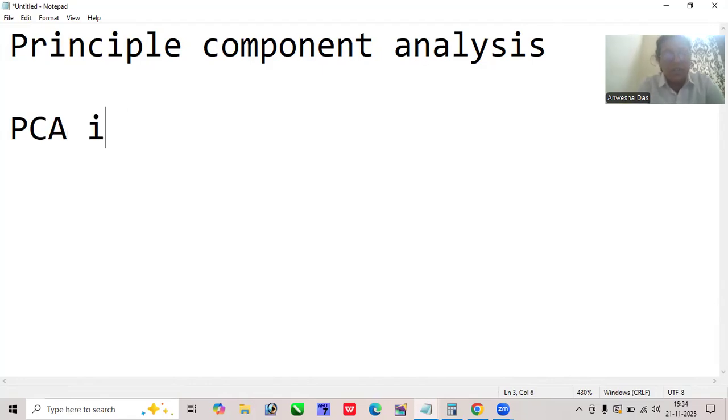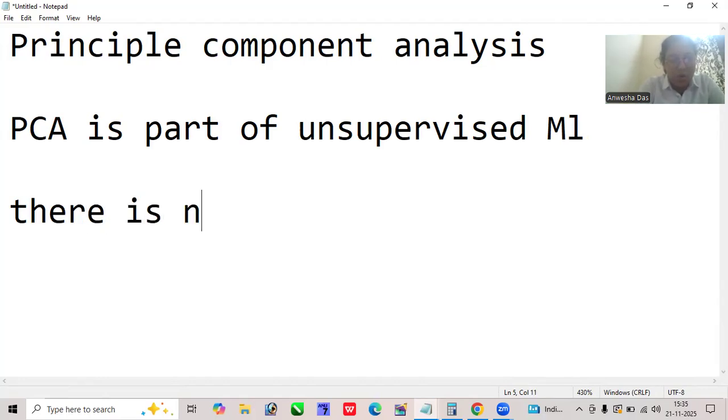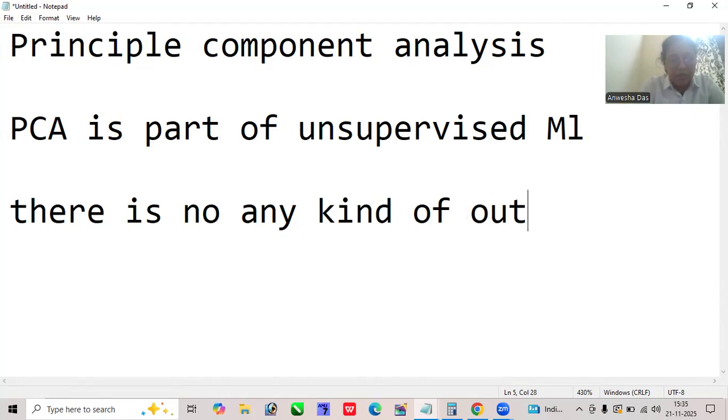PCA is part of unsupervised ML. Unsupervised ML means there is no kind of output column. There is no kind of what? Output columns.